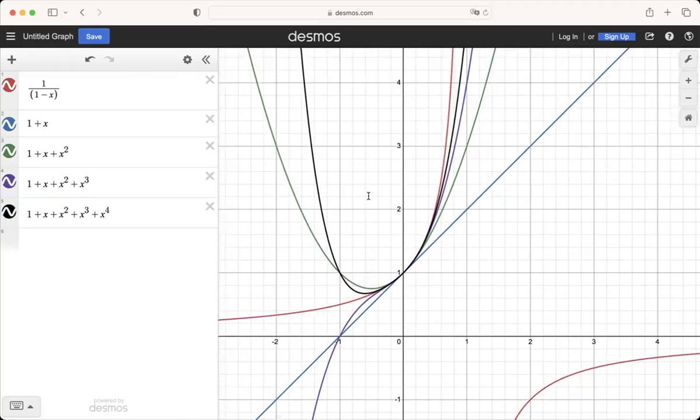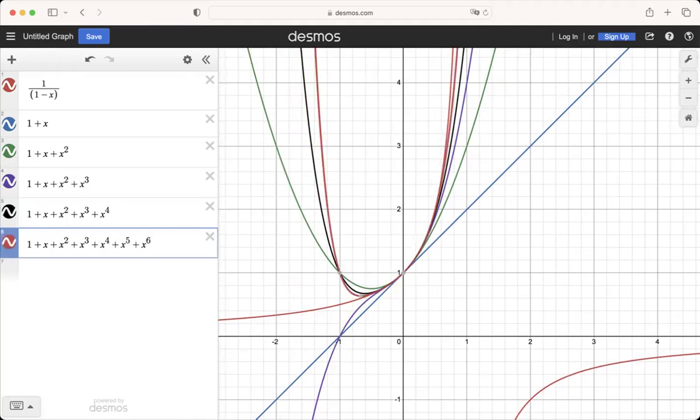Okay, it's getting closer and closer to the graph of 1 divided by 1 minus x. You can continue this process and see how you can approximate functions using the sum of polynomials. Add x to the 5th, x to the 6th, x to the 7th, plus x to the 8th.